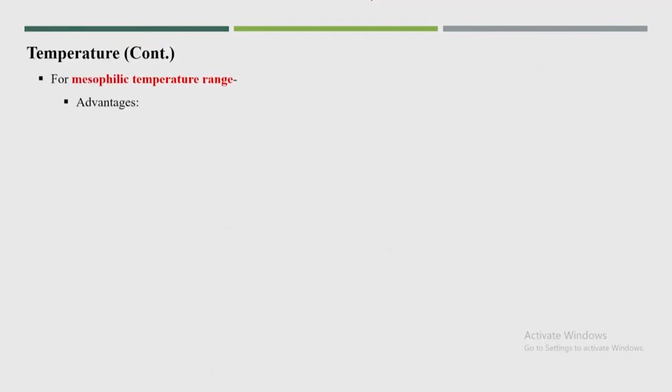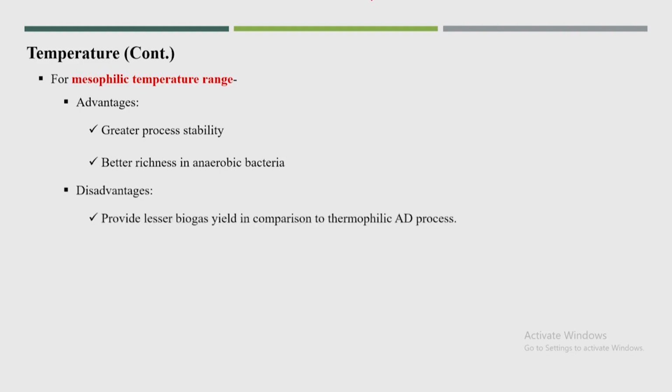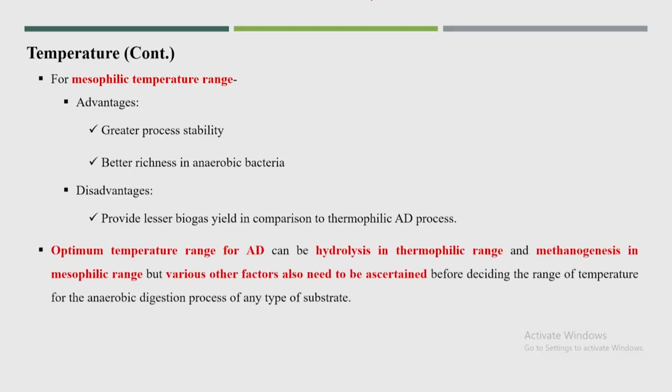But for the mesophilic temperature range, what are the advantages? Greater process stability and better richness in anaerobic bacteria, and the disadvantage is that the yield won't be as good as compared to the thermophilic one.